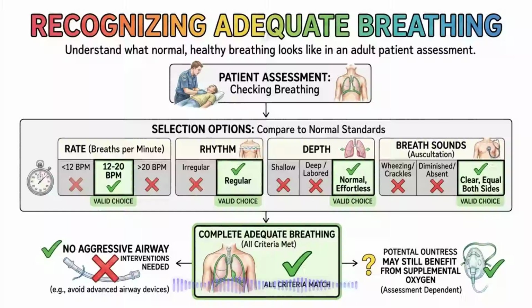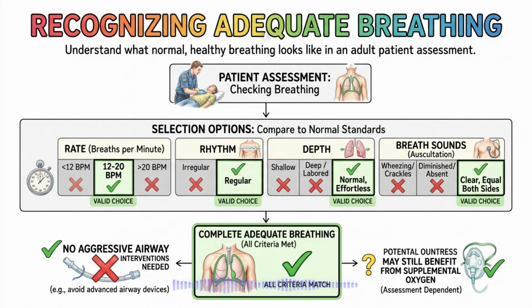Before you can treat a respiratory emergency, you must be able to recognize what normal, adequate breathing looks like during your patient assessment. A healthy adult will breathe at a rate of 12 to 20 breaths per minute, with a regular rhythm and a normal, effortless depth.